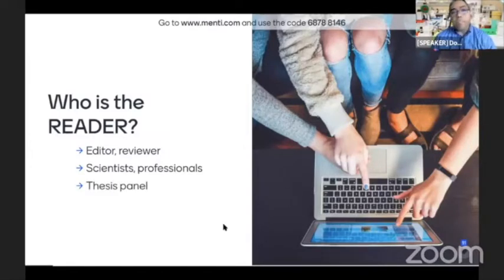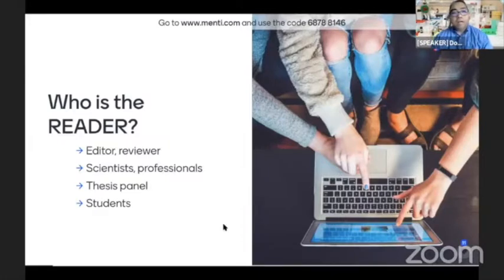Okay, of course, kung ito ay thesis, then perhaps your thesis panel will read this before you defend your thesis, or if it is a thesis proposal, then of course the panel will be the first set of persons who will read your paper. Okay? And of course, students.